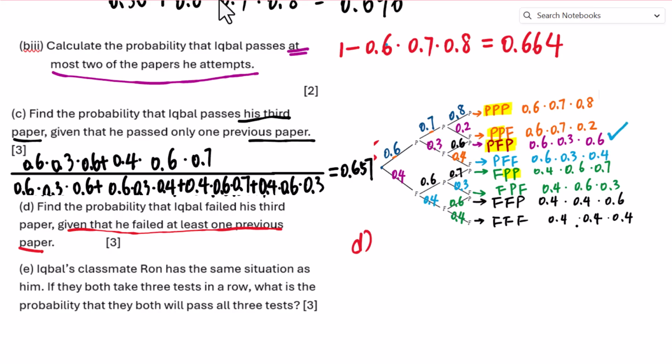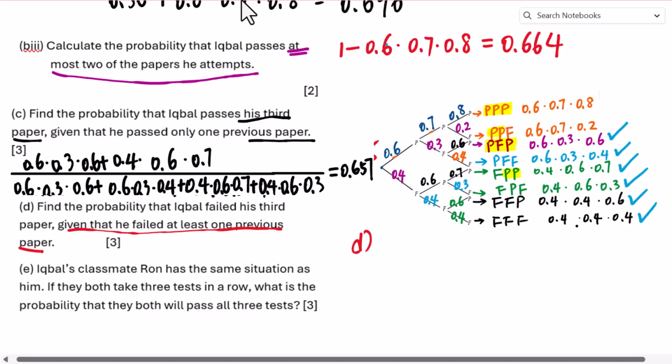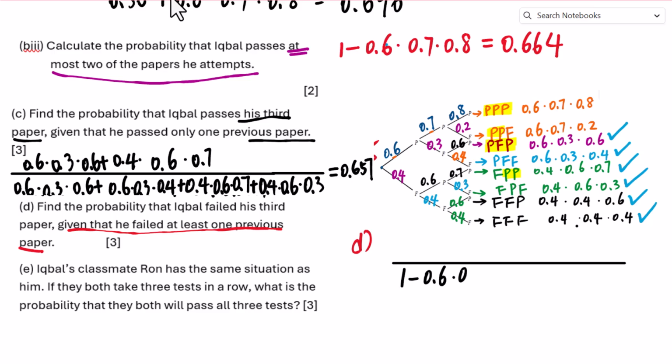This path, this path, this path, this path, this path, and this path. Adding these probabilities of these 6 paths will be denominator. Or easier way to do this is use 1 minus 0.6 times 0.7 times 0.8. Then minus 0.6 times 0.7 times 0.2.